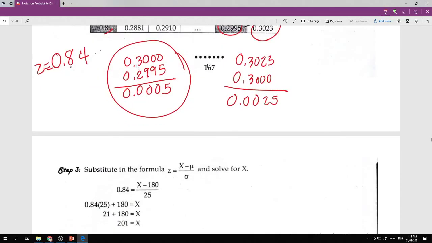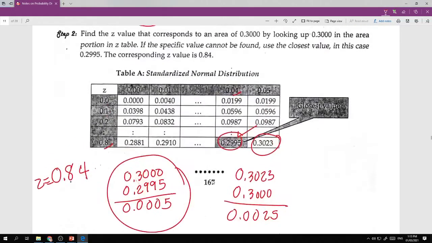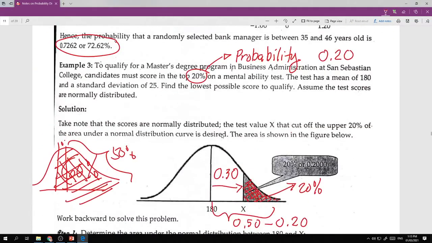O, gamitan na nato sa formula dayon. Ang value sa Z, 0.84. Ang X man atong gipangita diri, kay wa man tay value ana. Nya ang 180 given as a problem, naa na-state diri sa problem. 180 ang mean, standard deviation 25.